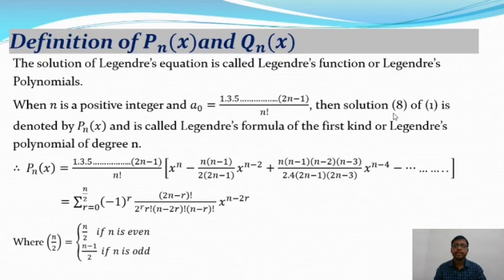then the solution 8 of the Legendre equation 1 is denoted by Pn of x.